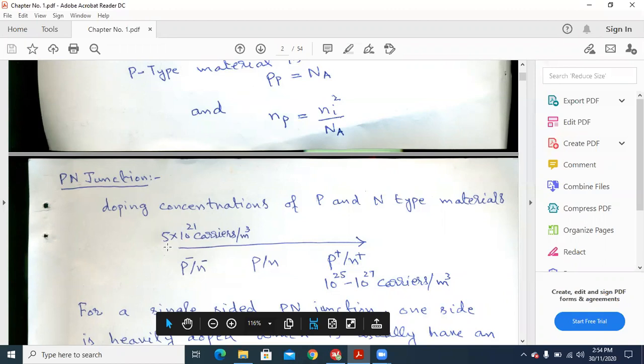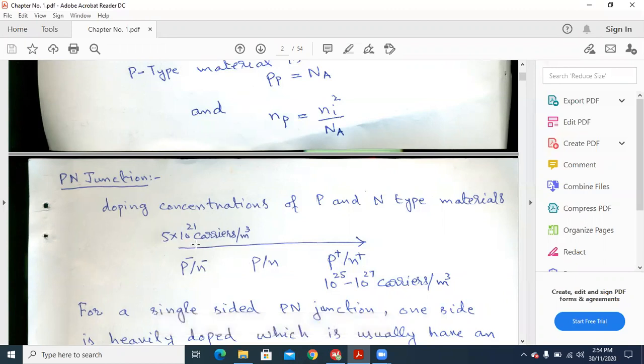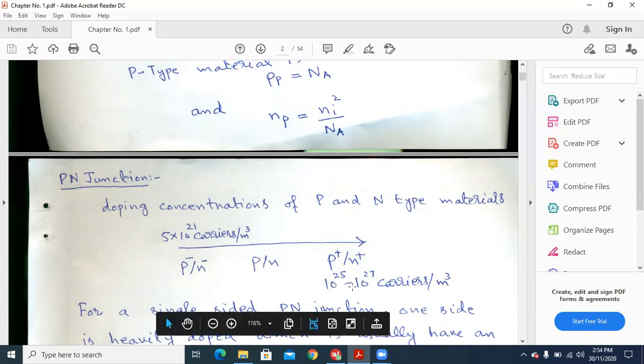The concentration in the lightly doped material is 5 x 10^21 carriers per cubic meter. However, the heavily doped material has a charge carrier concentration of 10^25 to 10^27 carriers per cubic meter.